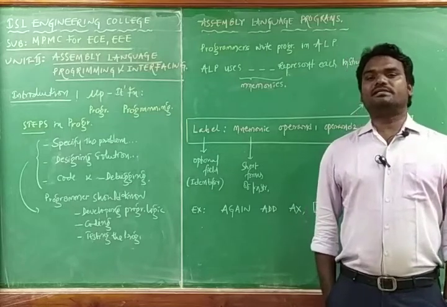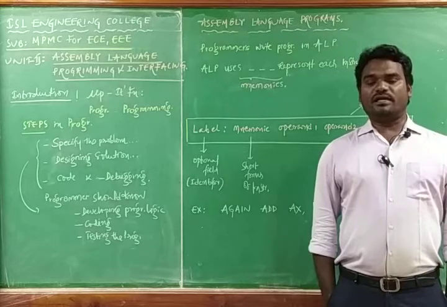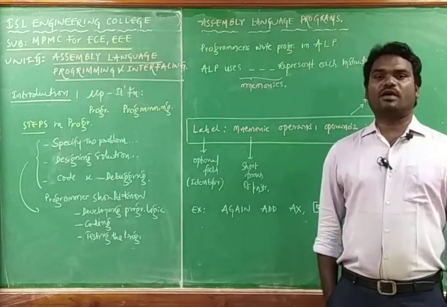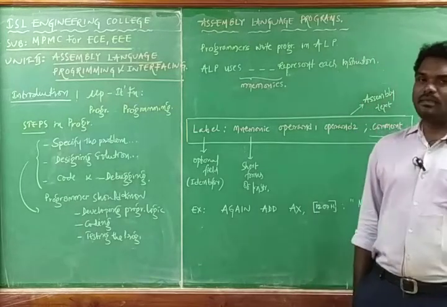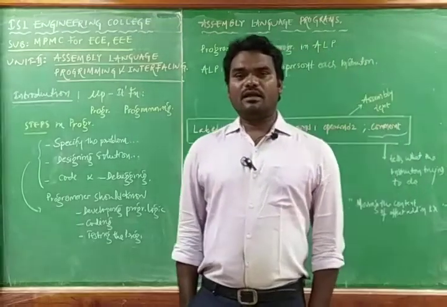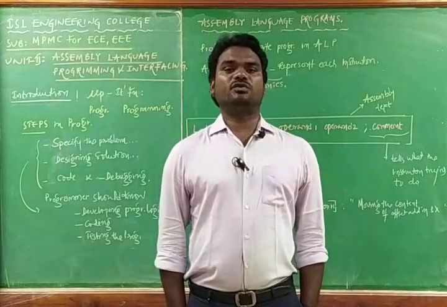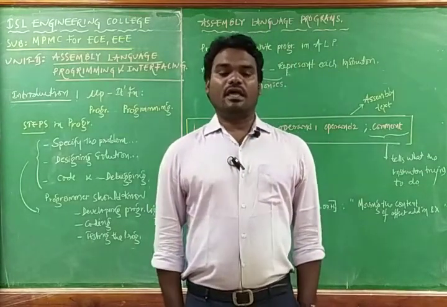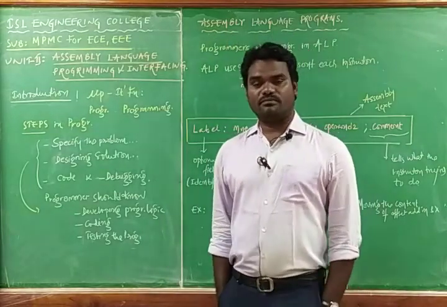But that can't be understood by the machine. So a program which is going to convert the assembly language program into machine language is called an assembler. One definition: assembler is going to convert assembly language program into machine language, where the assembly language program is in English alphabets, whereas machine language program is in binary form.